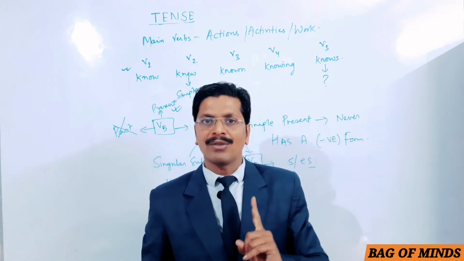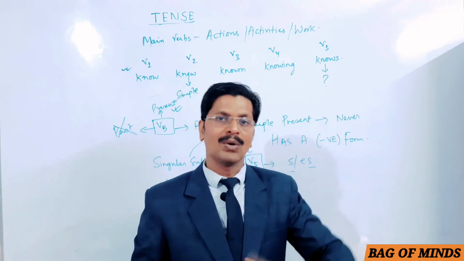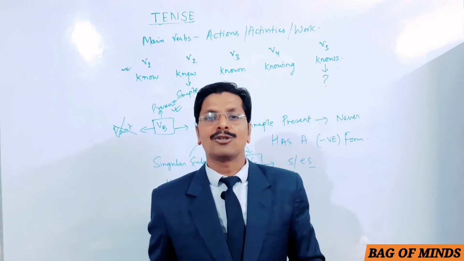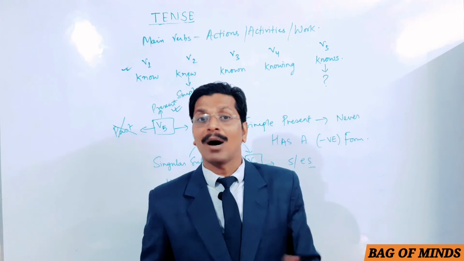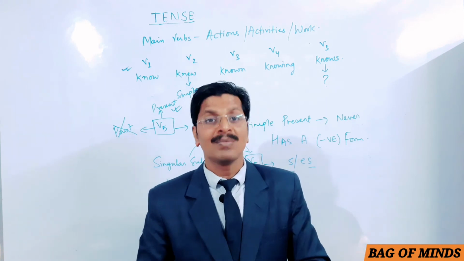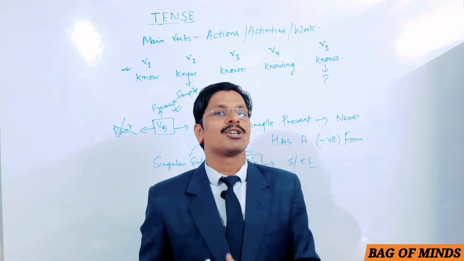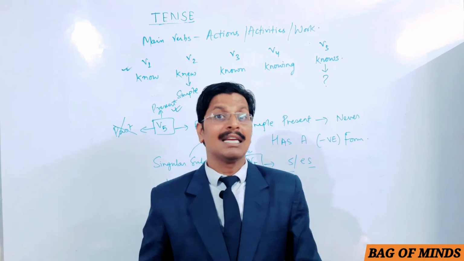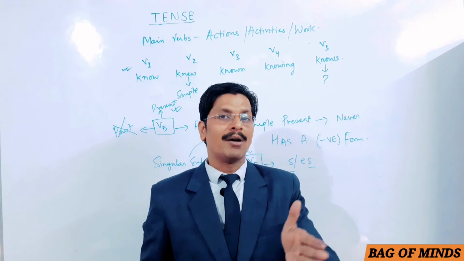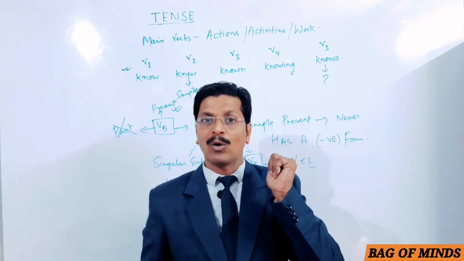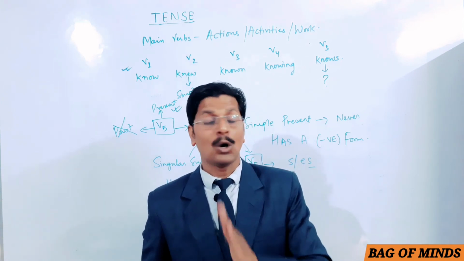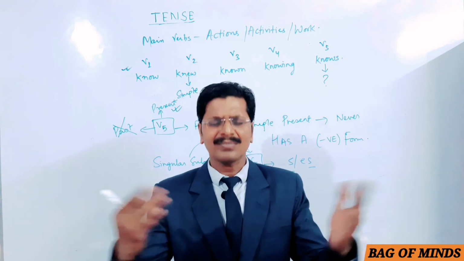Check for the form of the verb, whether it is V1. If V1, simple category. V2, always used for simple past and it will never have a helping verb. V3 can be used for past, present or future, but it is used for perfect category or simple. Okay, for perfect, I hope you remember, you have watched the pattern: has, have, had or will have plus V3.